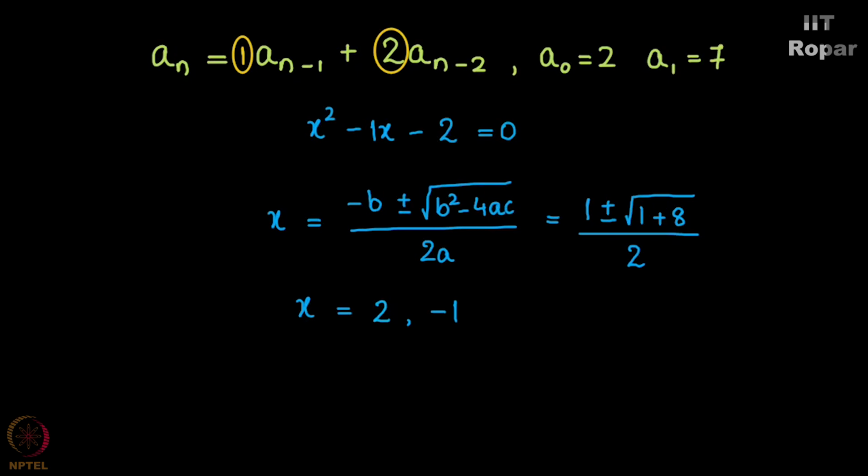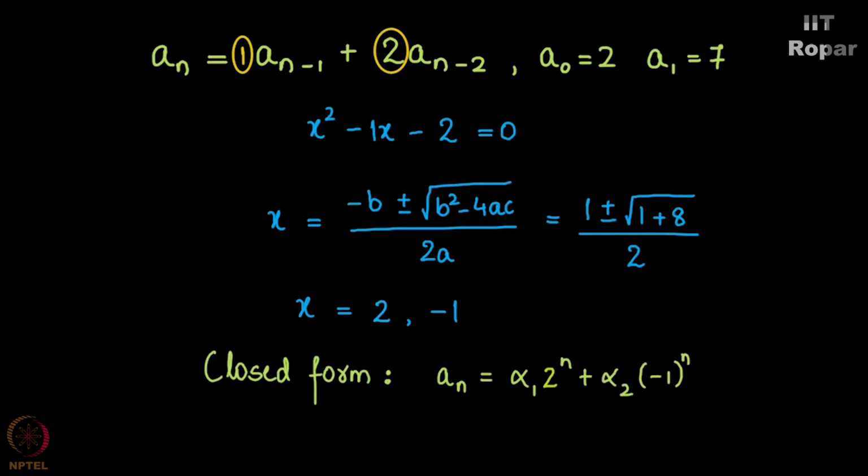Now, going by the theorem that we stated, the general solution, I mean the closed formula, would be a_n is equal to some constant alpha 1 times the first root, 2 to the power of n, plus alpha 2 times the second root, minus 1 to the power of n. The roots are 2 and minus 1.